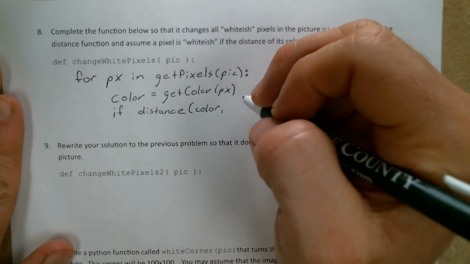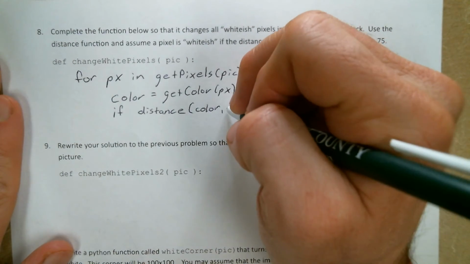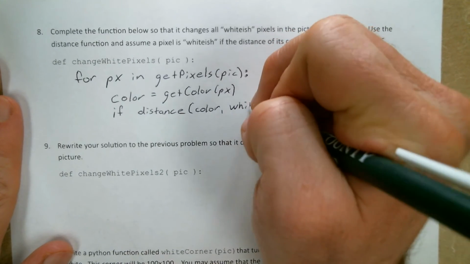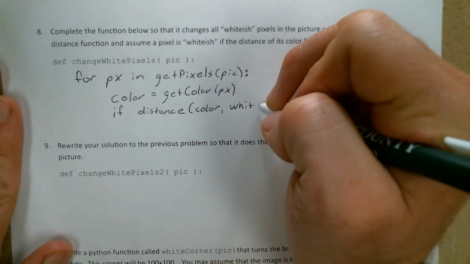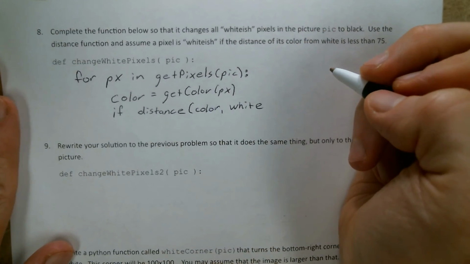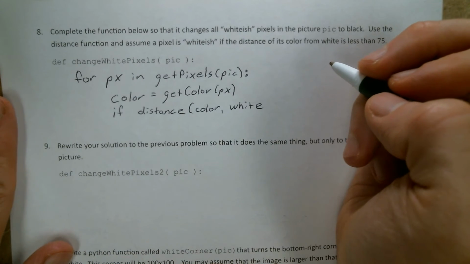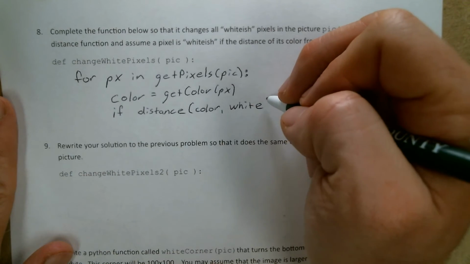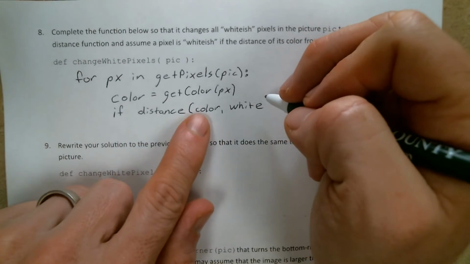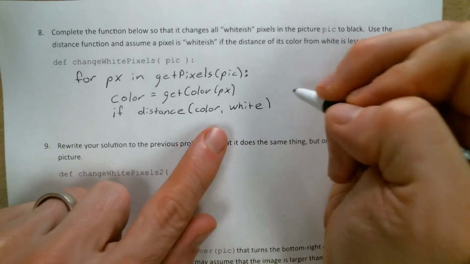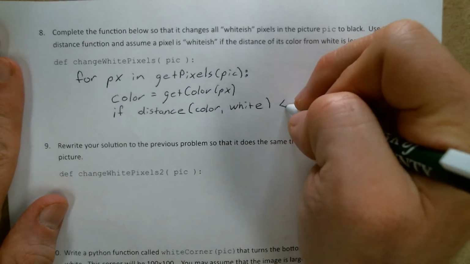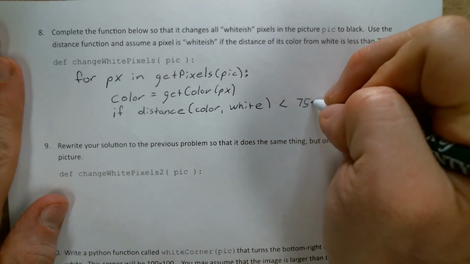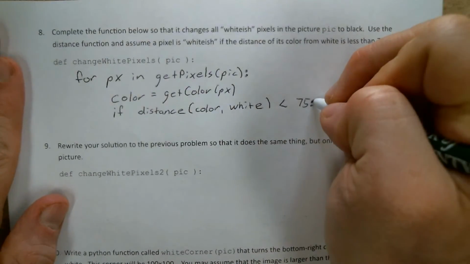I'm always comparing it to white. And white is a keyword in JEST, so we can just say white and it's going to know what we mean. We don't have to create the variable white, it's already in there as a reserved word. So we can say if the distance between the color of the pixel and white is less than 75. All right.